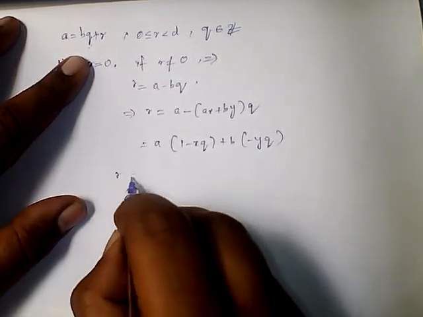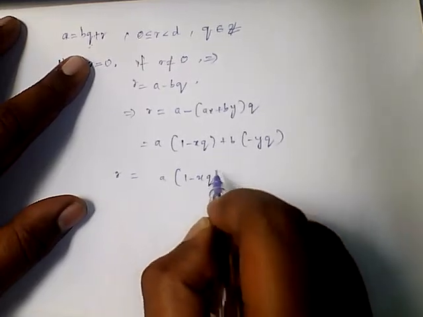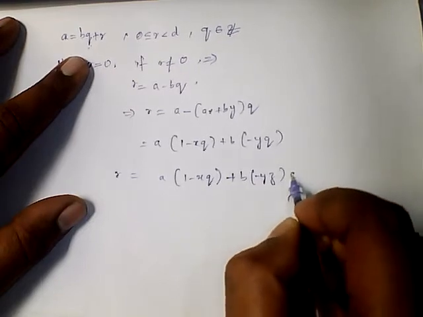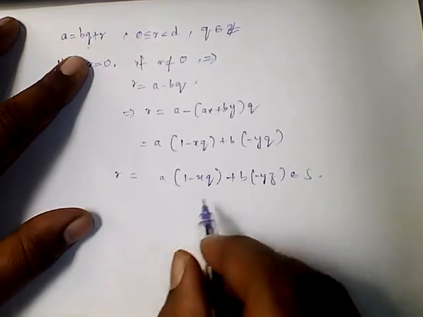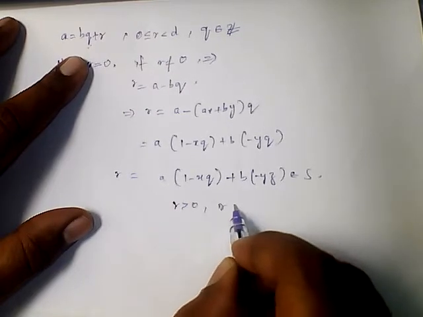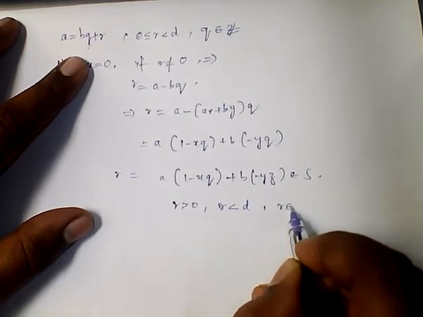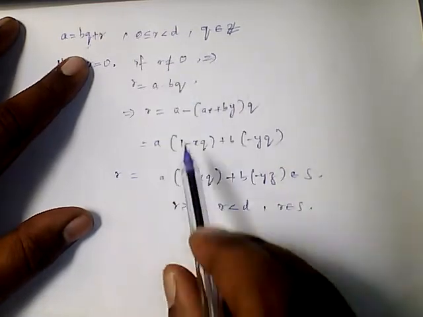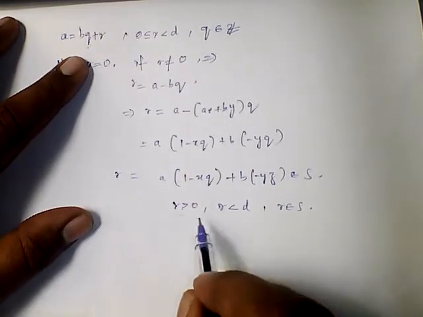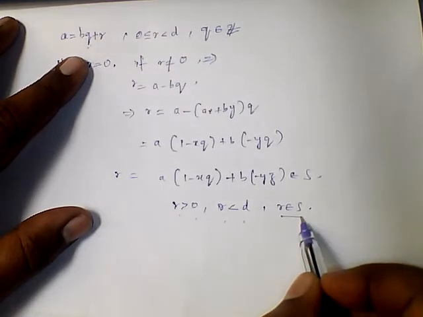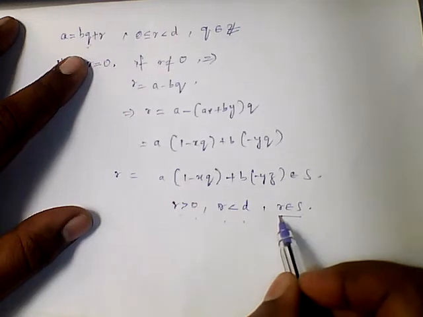So r equal to a into (1 minus xq) plus b into (minus yq) belongs to S. Here we know that r is greater than 0, r is less than d, and r belongs to S, that's what we have considered. So r is not equal to 0, r is greater than 0 and less than d, and r belongs to S, so that means r should be the smallest of all, right?